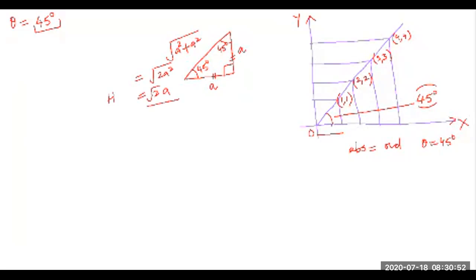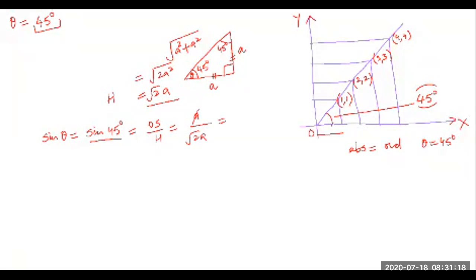Now students, for this angle theta equal to 45 degree, I can define sine theta. When theta is 45 degree, the definition of sine theta always remains same, that is opposite side by hypotenuse. Now what is opposite side? A. And what is hypotenuse? Under root 2 a.